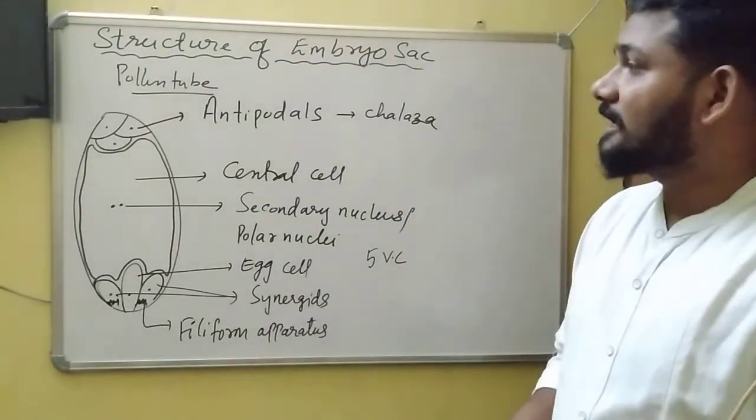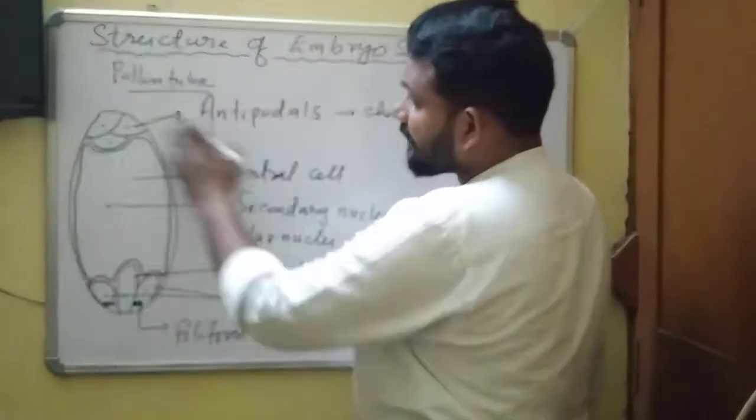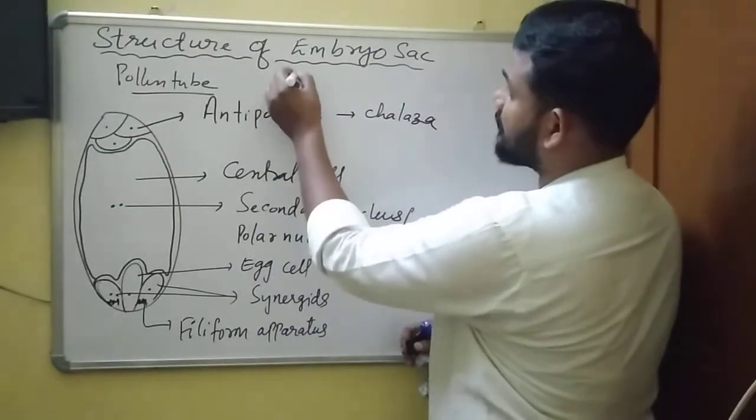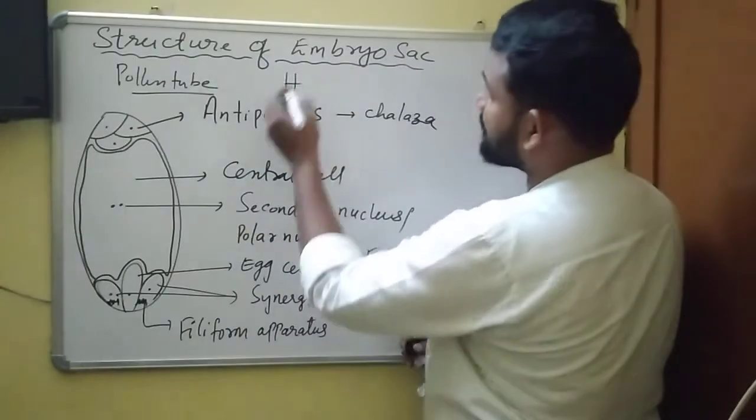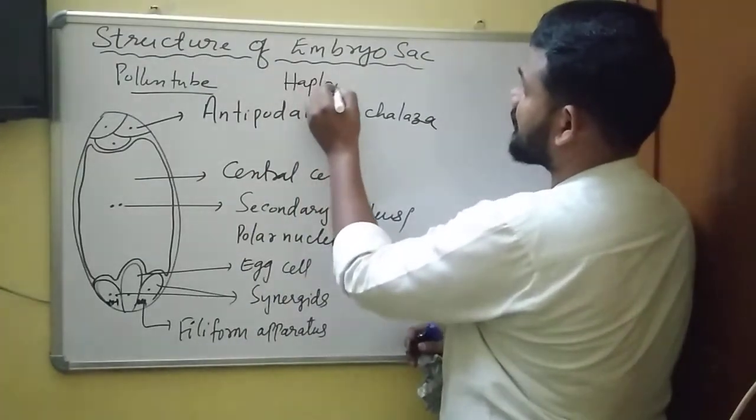Synergids have finger-like projections. And all cells of the female gametophyte are haploid.